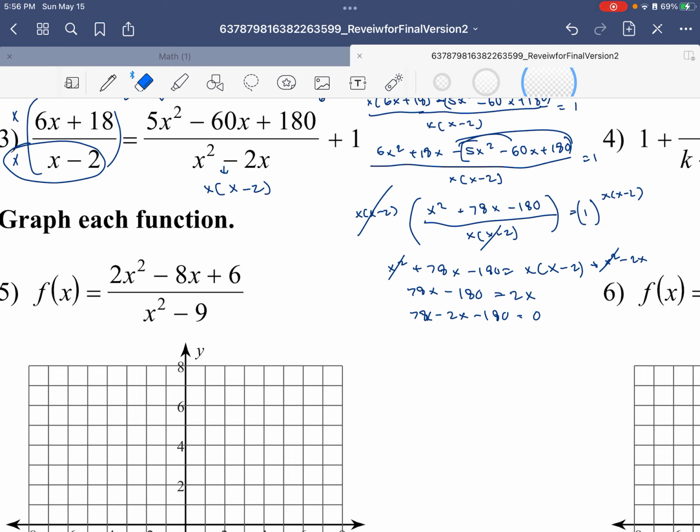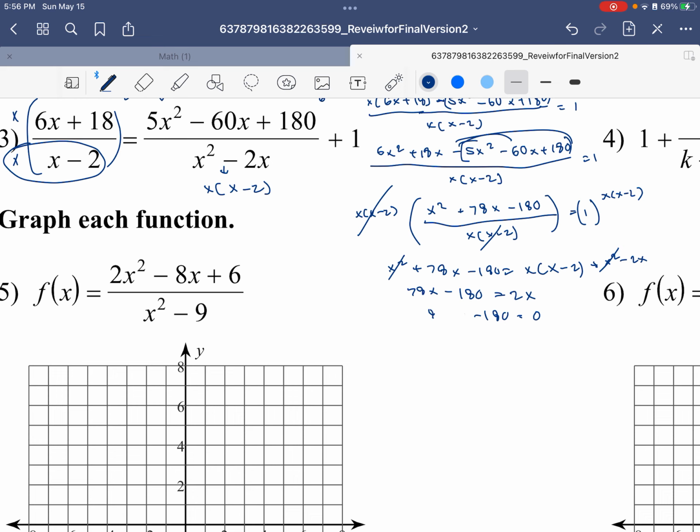Hold on, sorry guys, 78x plus 2x makes 80x.